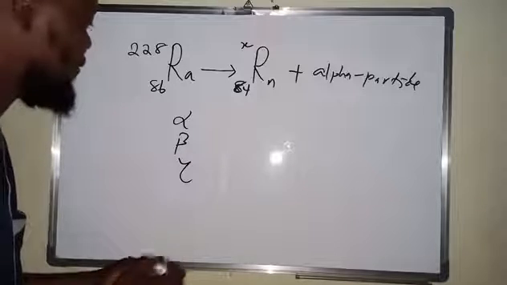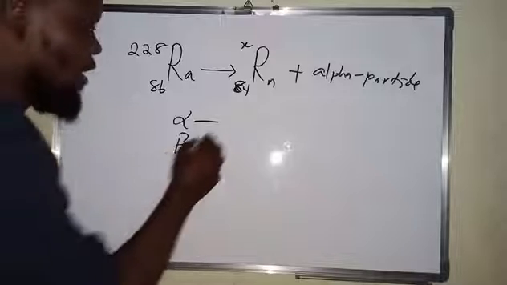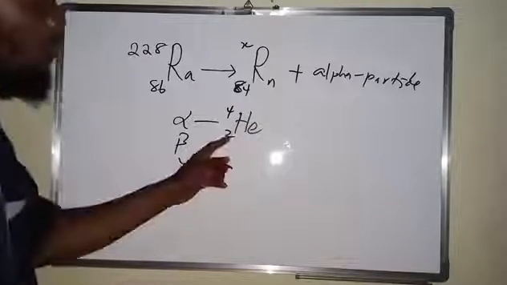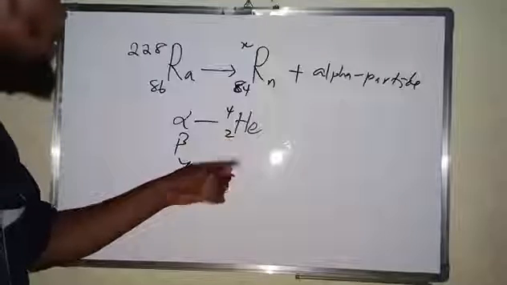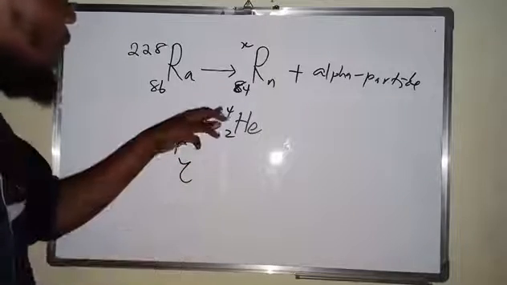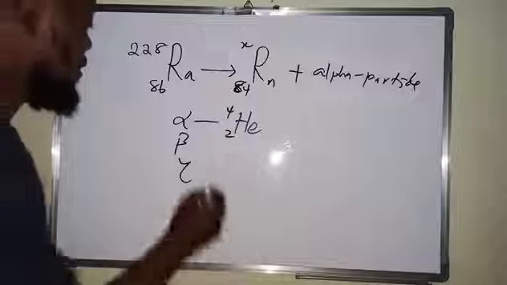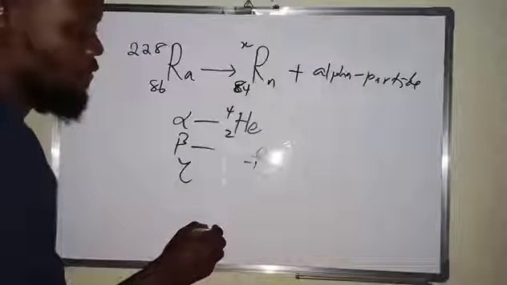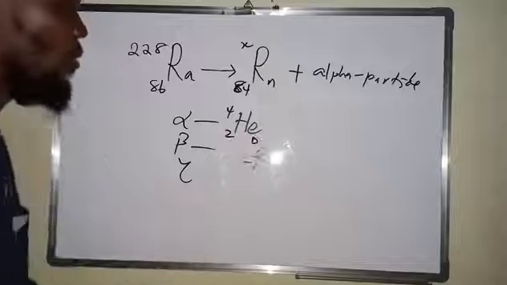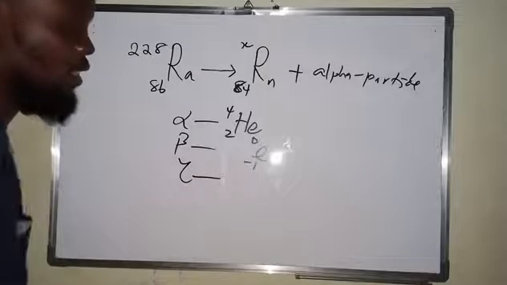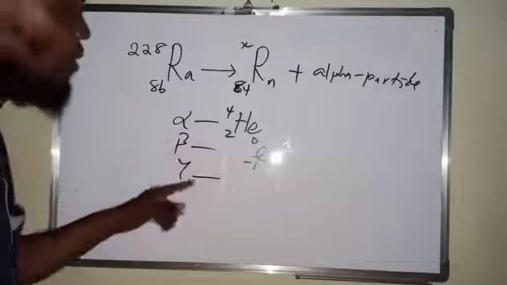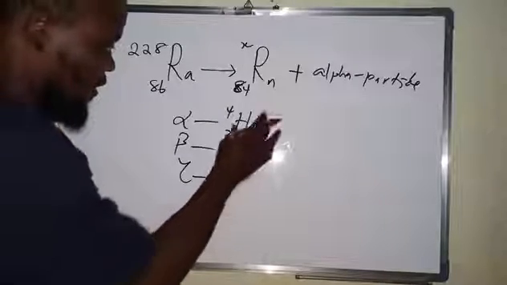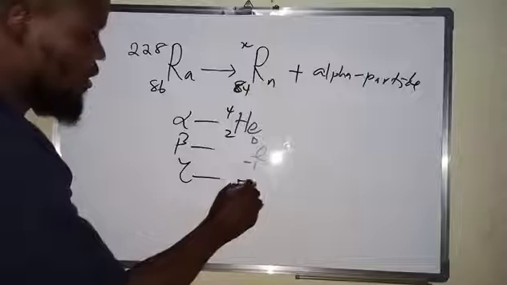The alpha is actually a helium particle, with this number of protons and this mass number. A beta particle is just an electron with a negative one charge and zero mass. A gamma ray is just an electromagnetic ray, not a particle. The first two are particles, while this is just a ray.